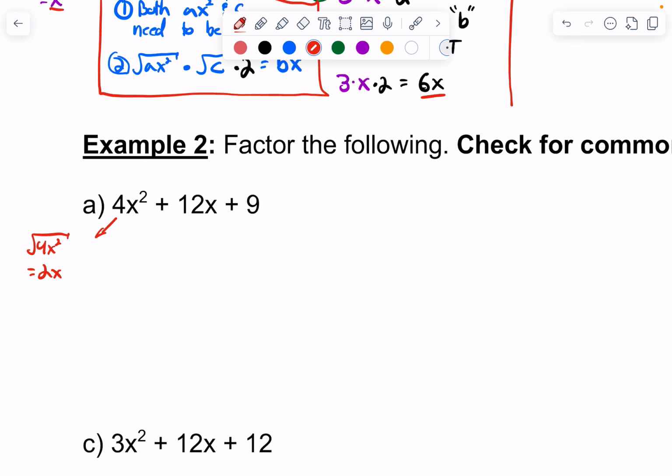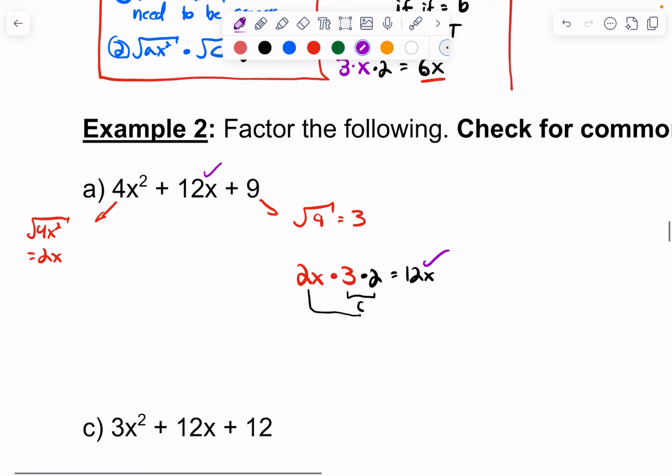You'll get 2x. Just like 9 is also a square. You'll get 3. And now if you take those two values, take 2x and multiply it by 3 and then multiply it by 2, what do we get? Well, that would give us 6 times 2x, you'll get 12x. And this equals this. So therefore, a perfect square trinomial.